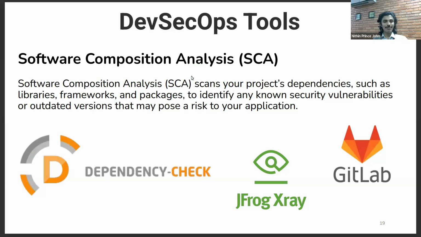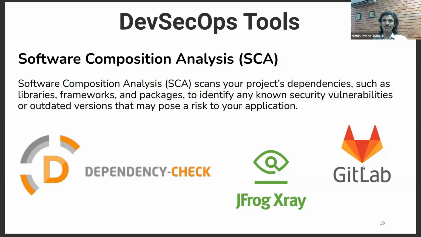Some of the tools can be the OWASP Dependency-Check or JFrog Xray. GitLab has its own SCA tools. Okay, we can integrate these tools in our pipeline. Thereby, we can make sure whether these frameworks are vulnerable or not. If they are vulnerable, then we need to take precautions.